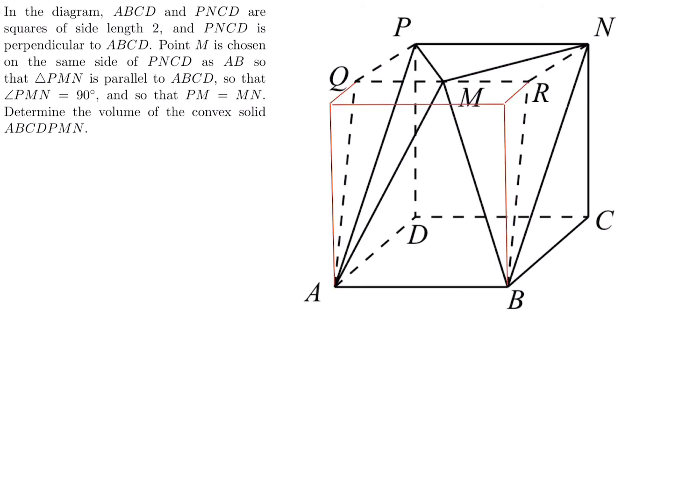If I draw these red lines, that makes it a cube, but without the red lines, it's not a cube. So I'm going to draw a side view, this side right here, to illustrate what I mean. And that side, because it's a cube, will just be a square.